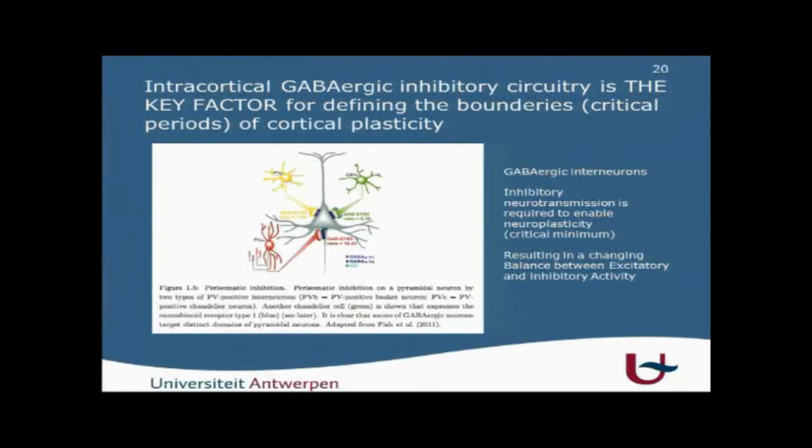Those animals will never develop an ocular dominance if you cover one of the eyes. Neuroplasticity is not operational. So this is very important, and that's how they found out that GABAergic inhibition, the role of the interneurons in inhibiting the excitatory neurons to some extent, is very important for neuroplasticity.